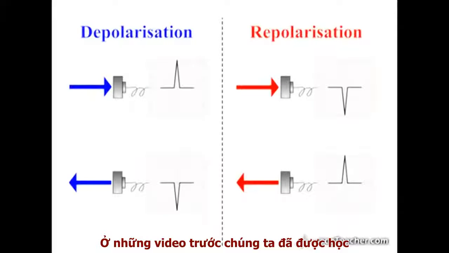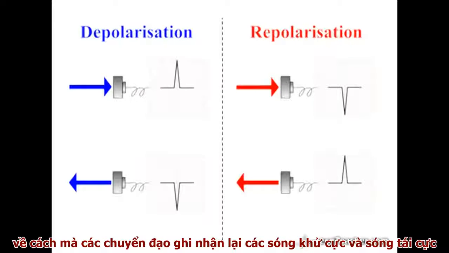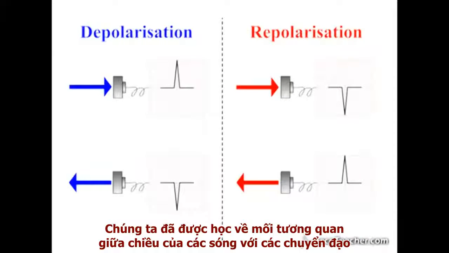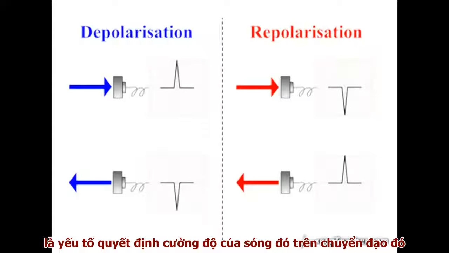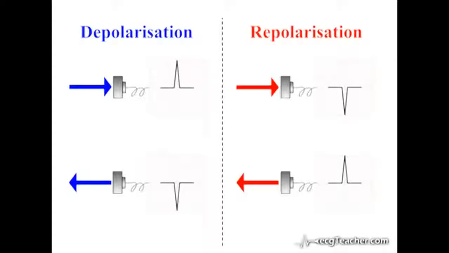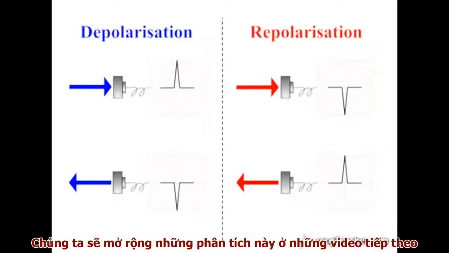In an earlier video, we studied the manner in which ECG leads record depolarization and repolarization. We learned how the direction of travel of a depolarizing or repolarizing current relative to a lead is the key determinant of the sign of the deflection produced in that lead. We will expand on this analysis in future videos.